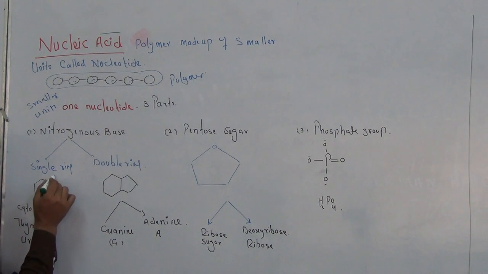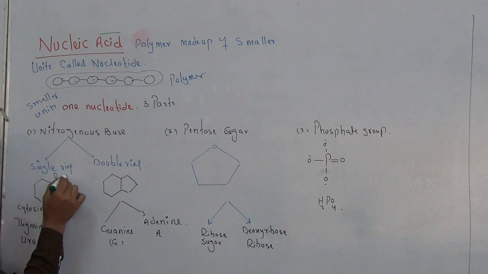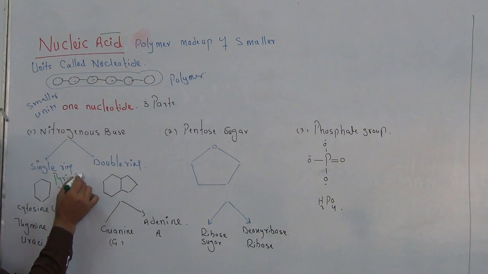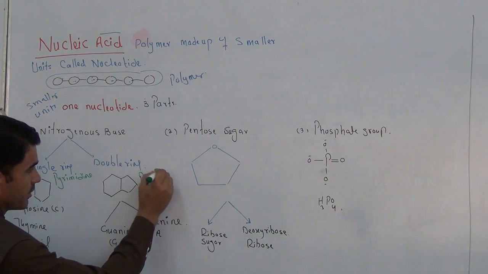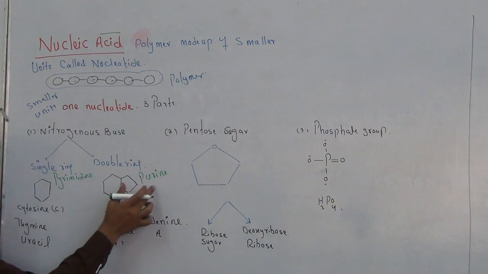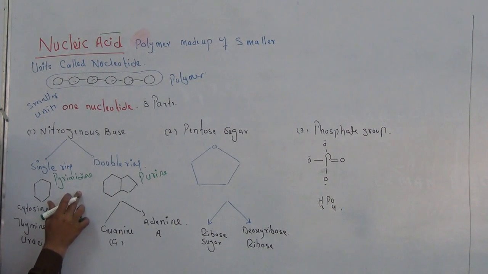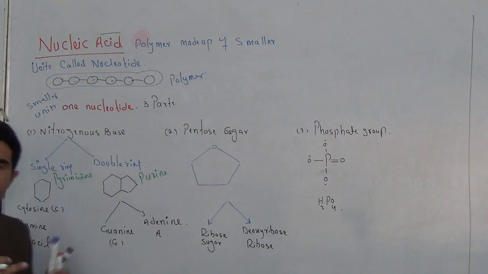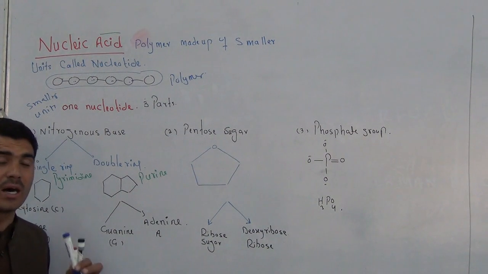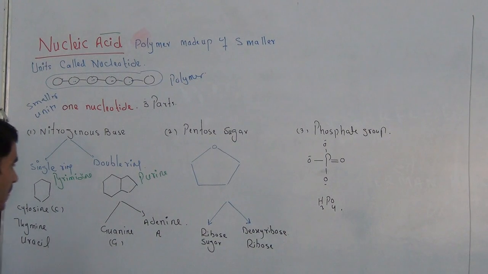Single ring, pyrimidine, and the double ring is called purine. So the double ring is purine and single ring is pyrimidine. So purine and pyrimidine are nothing else but nitrogenous bases.